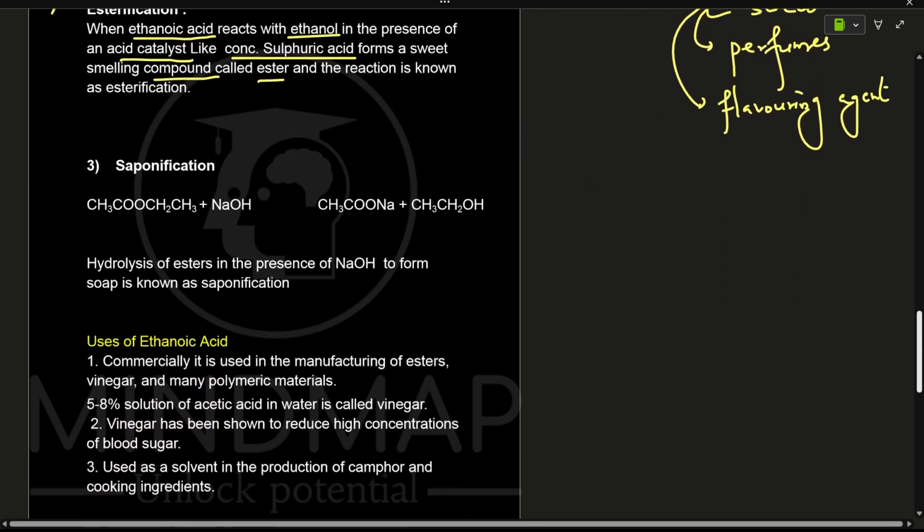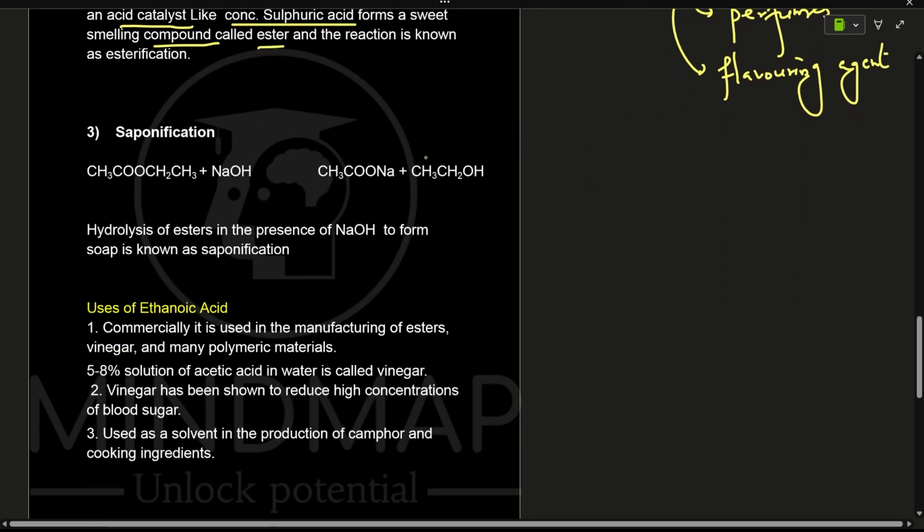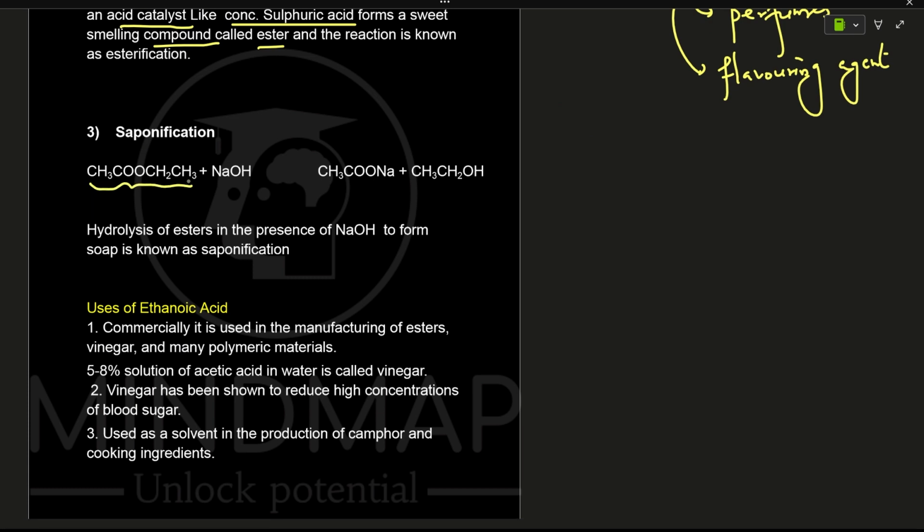Okay. Let's move to the next reaction, chemical property, that is saponification. Okay, इसमें क्या होता है कि ये जो आपको यहाँ पर एस्टर मिला है, when it reacts in the presence of sodium hydroxide, ठीक है, तो हमें क्या मिलेगा यहाँ पे? देखो, सोडियम एसीटेट. तो ये okay, let's see here how we get it.